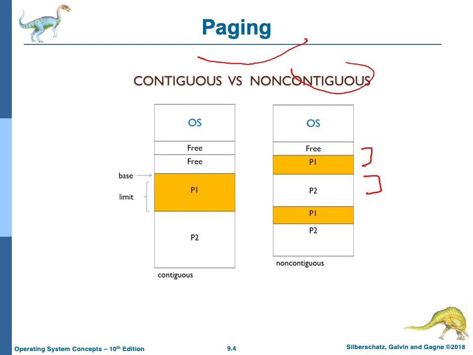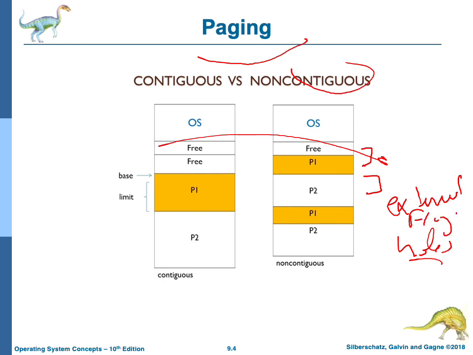And then any logical partition can be mapped to any empty available physical partition. So we're not going to be searching for variable size holes anymore, and we're not going to have external fragmentation, okay? However, paging suffers from internal fragmentation, as we will see next.